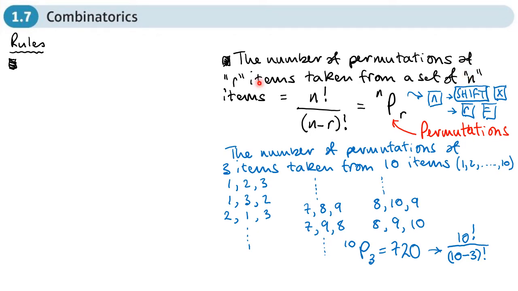Now for the next rule, looking at this last rule that we've got here, in the example that I gave, every item in the set that I was choosing from n was different. But we can get items in a set which are duplicates, the same item occurring 2 or 3 times, or even more than that, like in words.